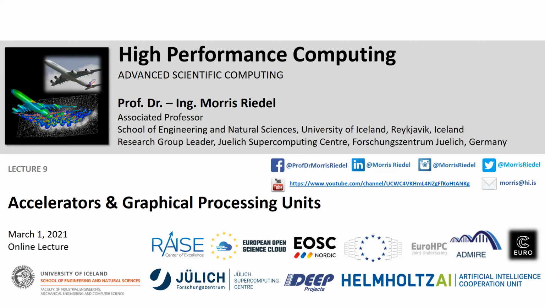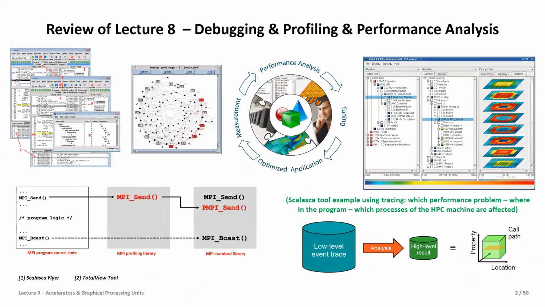But before we dive into the material of lecture 9 today, let us review what we had the last time, which was lecture 8 and the idea of how we can ensure that our program is running without bugs, and how we can ensure we have the best performance. Essentially, we have learned that this is an ongoing process for application engineers in high performance computing.